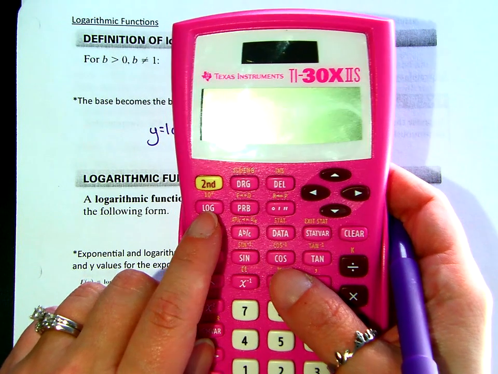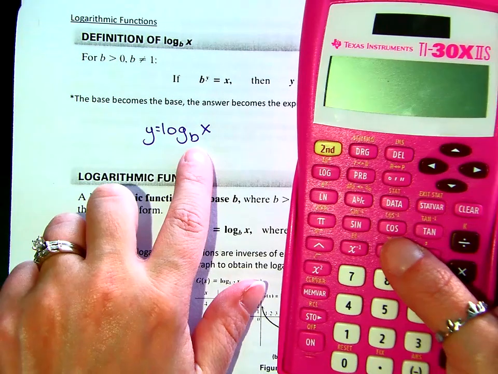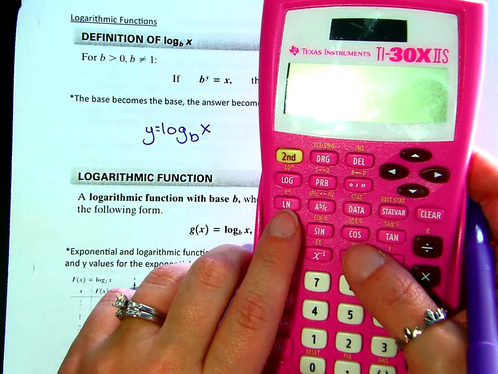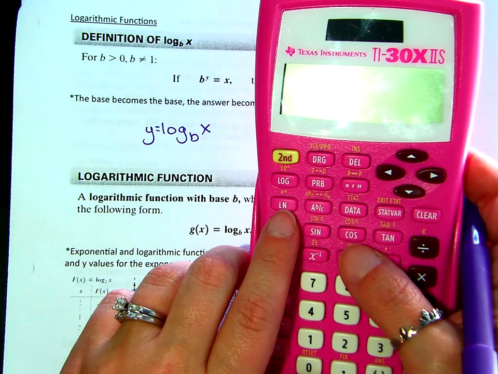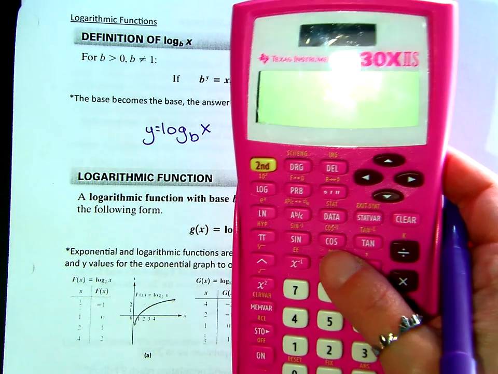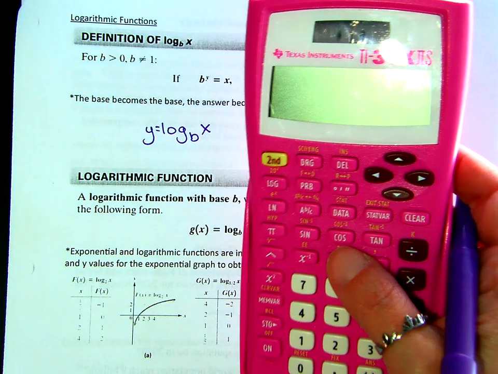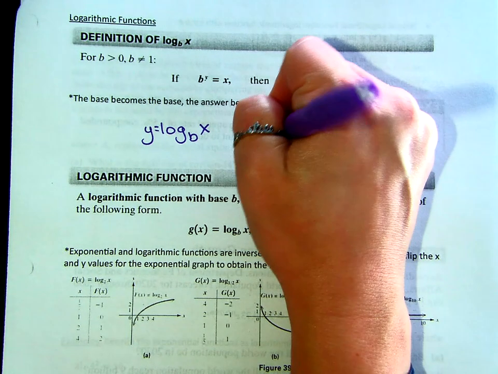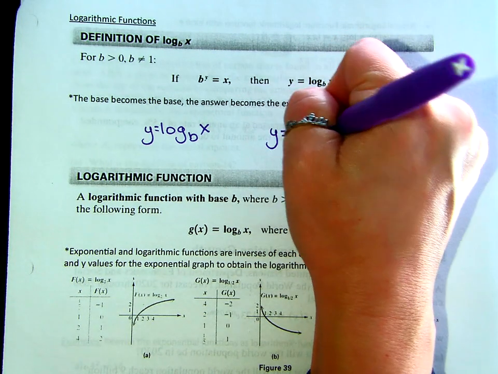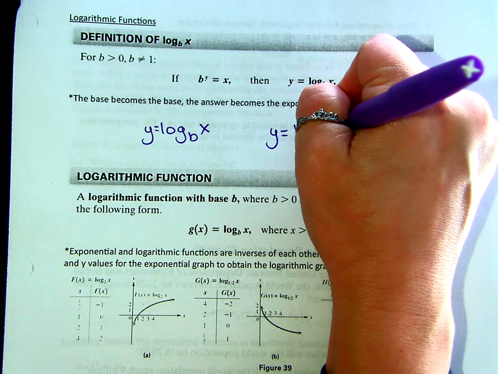The ln means you have a base of e, that number e. So if you have a log of anything besides e and 10, your calculator cannot do it. Plain and simple. If I have y equals log base 2 of 3, I can't type that in. I don't care what calculator you have, you cannot type that in.